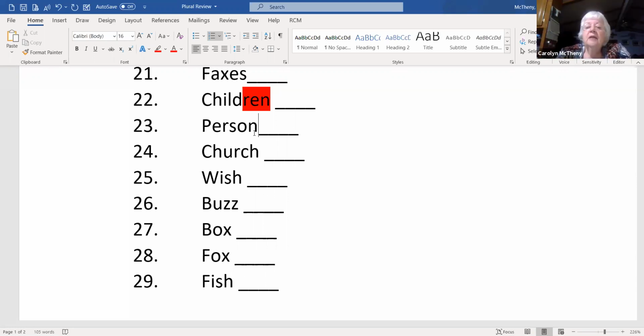Okay, on person, we're going to change the spelling inside of the word. If you look in that box on 23, you will see where person changes to another word. Starts with a P. Can you tell me that word, Marty? Or spell it for me?